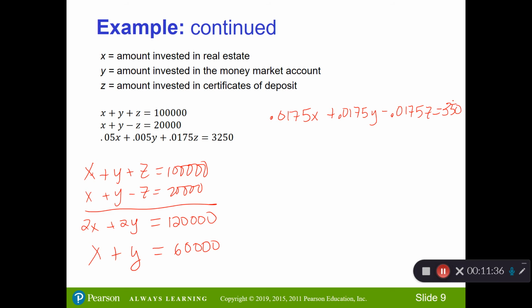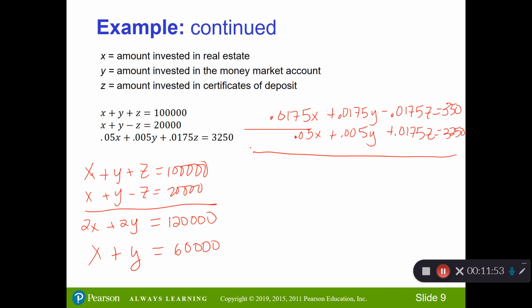All right. Now I'm adding to that the bottom equation, 0.05x plus 0.005y plus 0.0175z equals 3250. Let's add them.